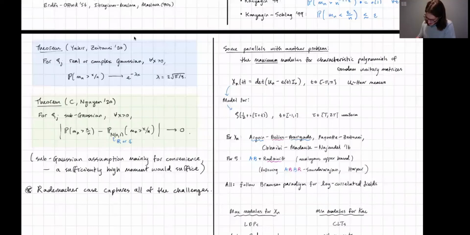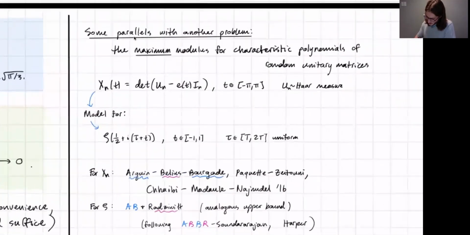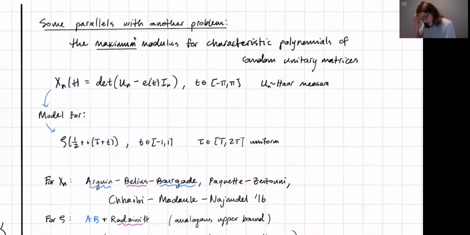All right, so I'll describe some of the ideas for both of these proofs momentarily, but before that, I want to draw some parallels with another pretty hot topic lately. We're looking at the minimum modulus for high degree random Kac polynomials on the circle.